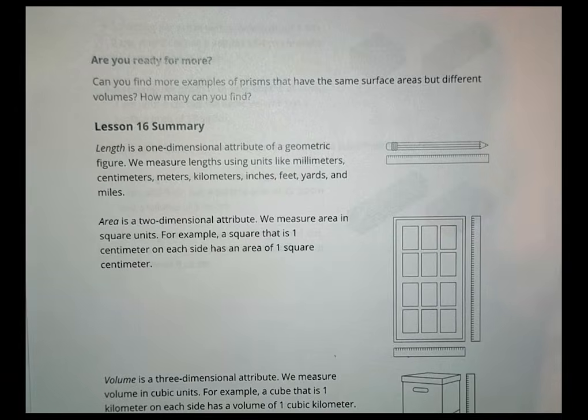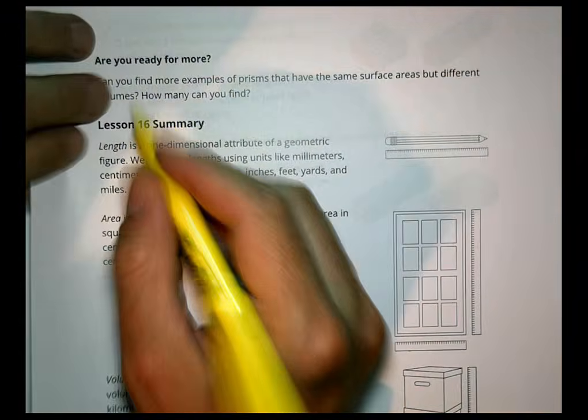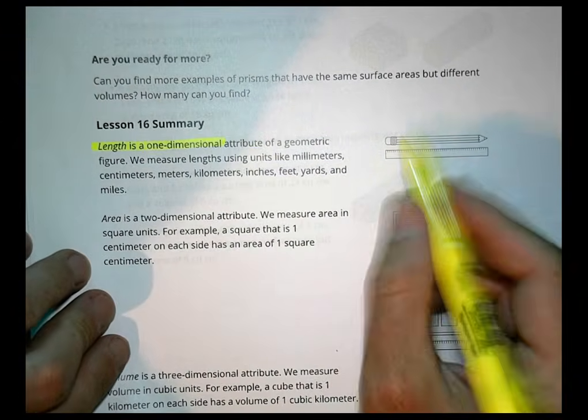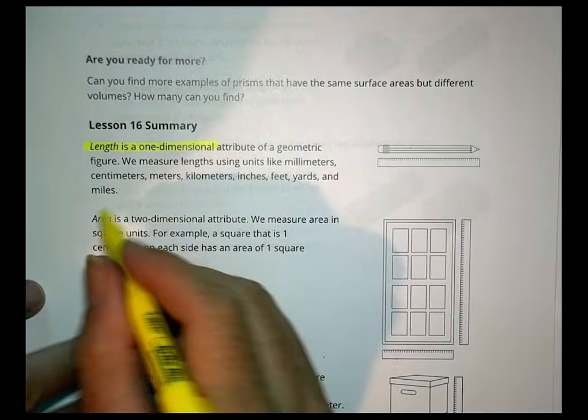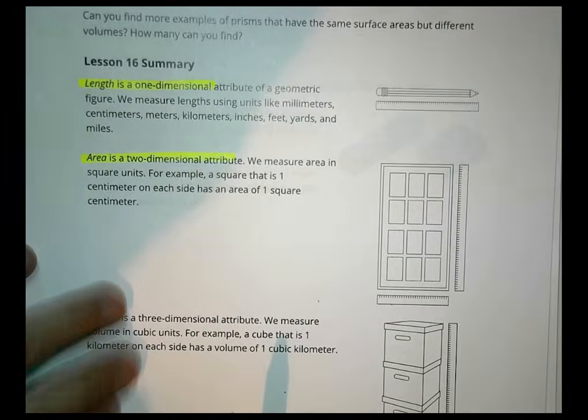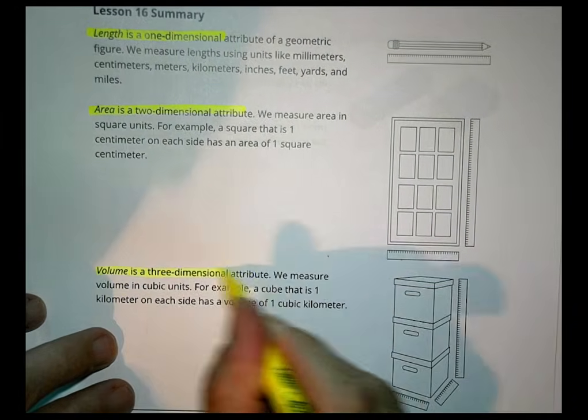So just to kind of summarize here, all right, what we're talking about. In summary, a length is a one-dimensional attribute. Okay, so like you use a ruler to measure with. An area is two-dimensional. It's like what you'd have in a window, right, or door. But volume is a three-dimensional attribute.